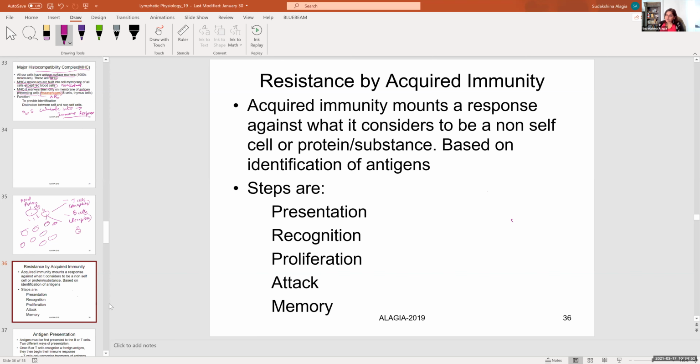Based on identification of the antigens, it goes through the steps of presentation, recognition, proliferation, attack. Attack could be two different types, either attack to kill or attack to immobilize.